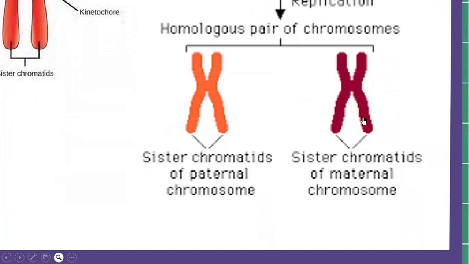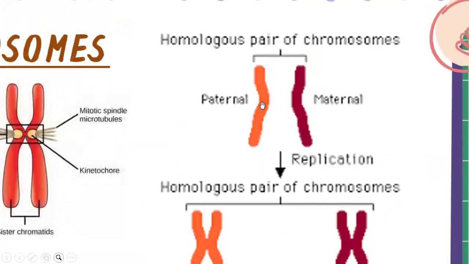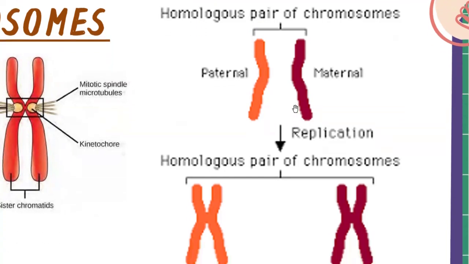So every cell has homologous pairs of chromosomes. In this case, this is the chromosome from the male parent, and this is the chromosome from the female parent. Like, we have 23 of this type and 23 of this type, and all similar chromosomes will stay together in meiosis.